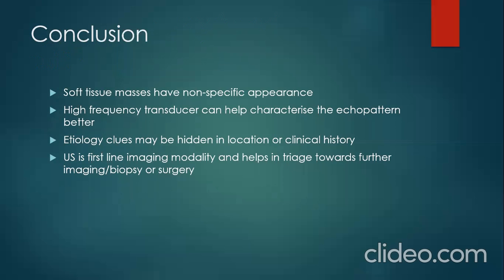Do we need to recommend further imaging modalities? And a high-frequency transducer can actually help characterize the echo pattern better, as most of these are superficial. It has better penetration and better contrast, so it can characterize the echo pattern of our lesion better. And the etiology clues might be hidden in the location and in the clinical history.